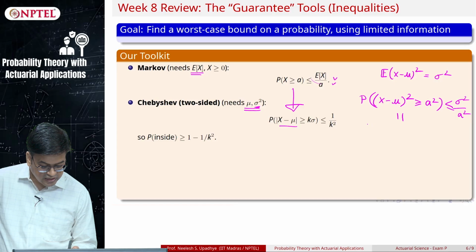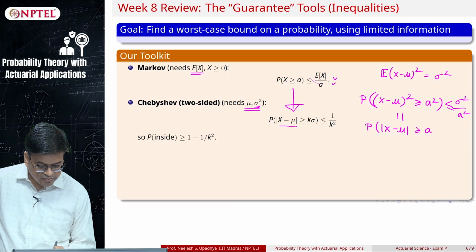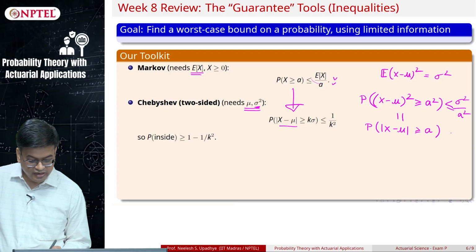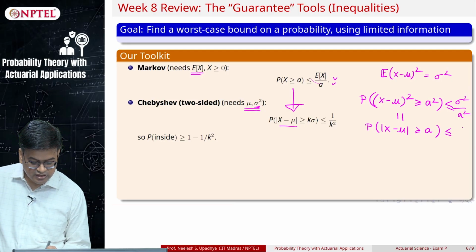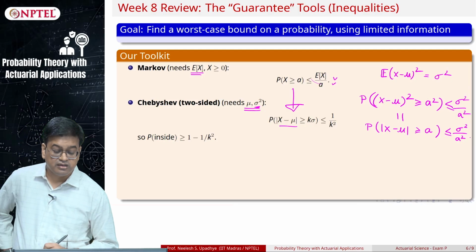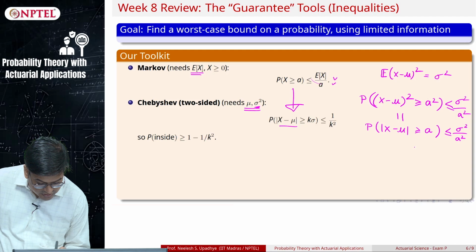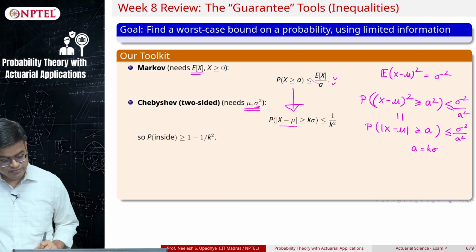This set is actually equivalent to probability of mod x minus mu greater than or equal to a, and now I am saying this is less than or equal to sigma square by a squared, perfect. So, now what if I put this a to be equal to k sigma?